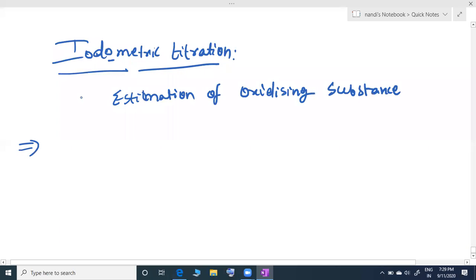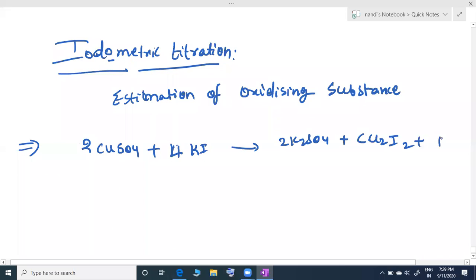Here this reaction is very important, so please concentrate. I am taking mostly copper sulfate reacting with KI. For example, 2 moles of CuSO4 plus 4 KI react with each other, and you will get 2 K2SO4 plus Cu2I2 plus I2.